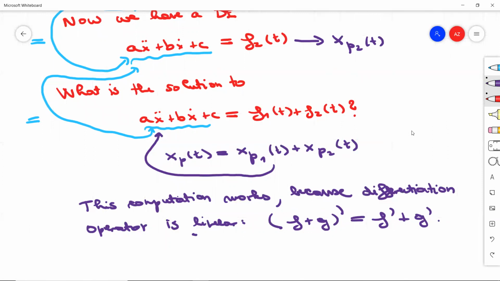However, is the differential operator multiplicative? No. Yes, product rule. So, it's not. The differentiation operator is not multiplicative.